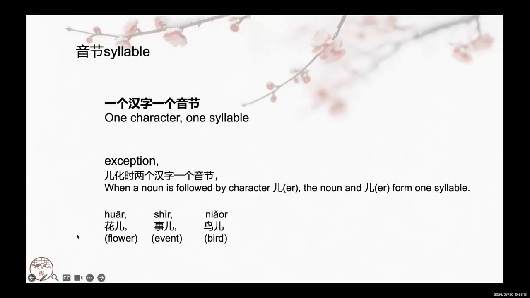For example, let's look at some examples here. 花儿 means flower. For the first character 花, the pinyin is hua. The r is from the second character. Similarly, we can see the same r corresponding to the second character in all three phrases.